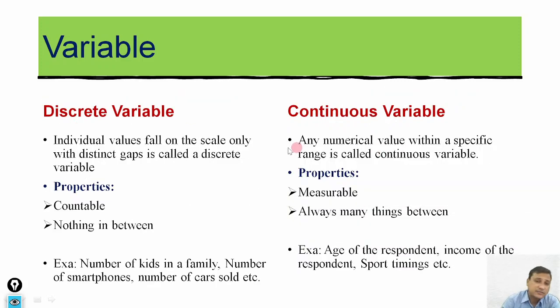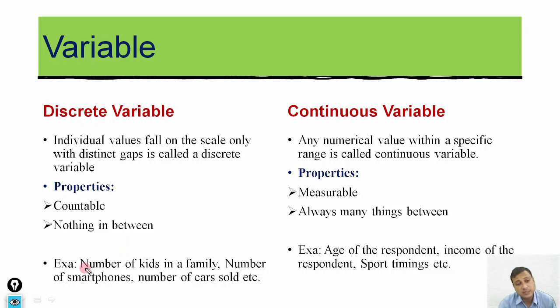The other classification is discrete variable and continuous variable. This is also a very important classification of variables. Individual values that fall on the scale only with a distinct gap are called discrete variables. Before seeing the properties, let me explain the example.